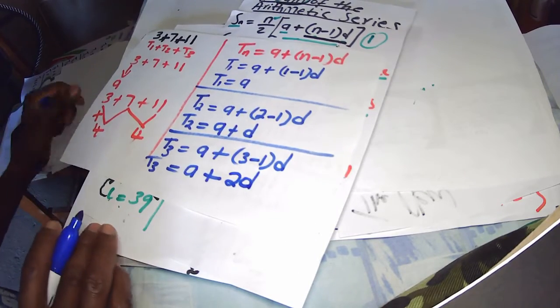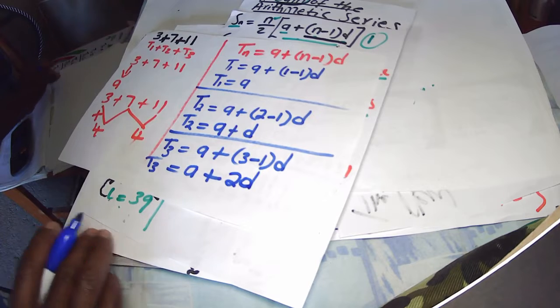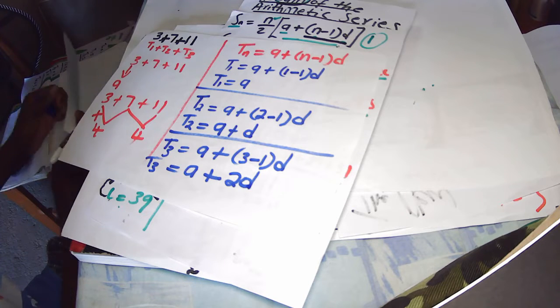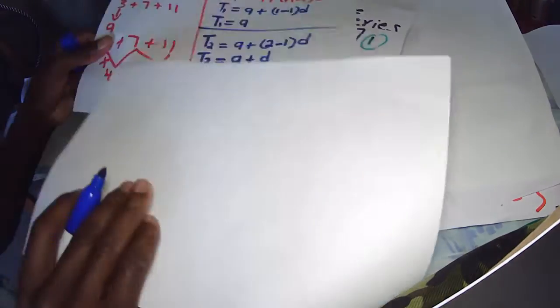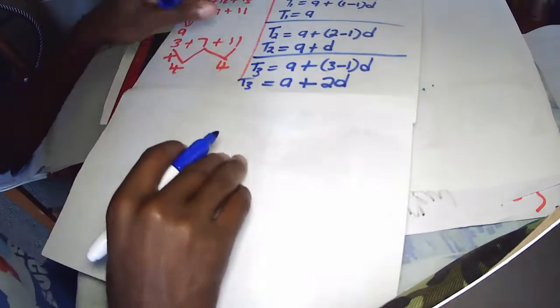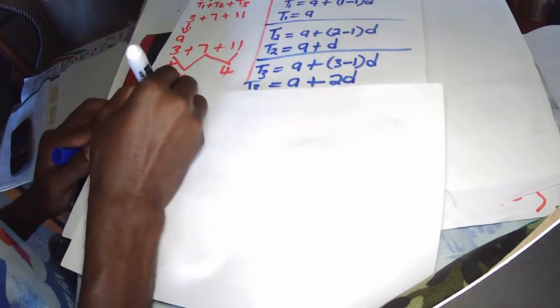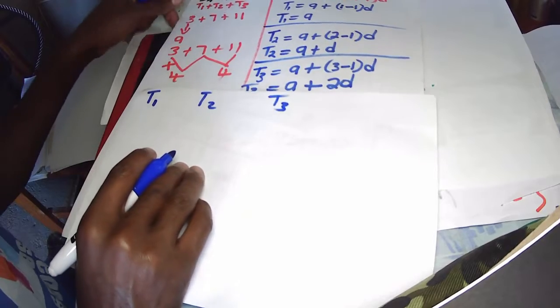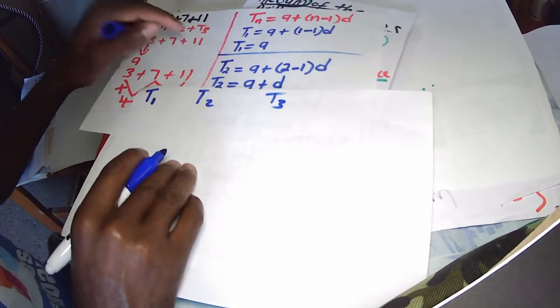So we see a pattern here, because we are trying to derive the formula. What is the pattern? We have T1, T2, T3. What is T1 from our calculation?